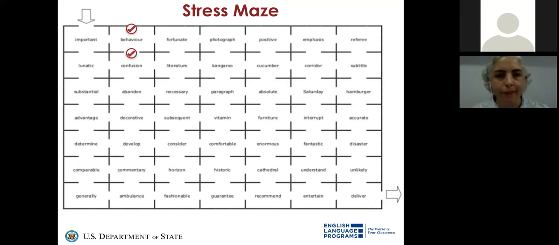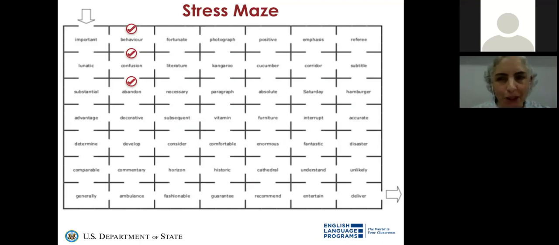We've got one brave soul guessing, and they've guessed "lunatic." Oh, so close. The correct answer is "abandon." Yeah, it takes a little while. When I hand these out to my students, they sit there and slowly, as they clap through the words, it takes a little while to figure out the stress patterns in each one.